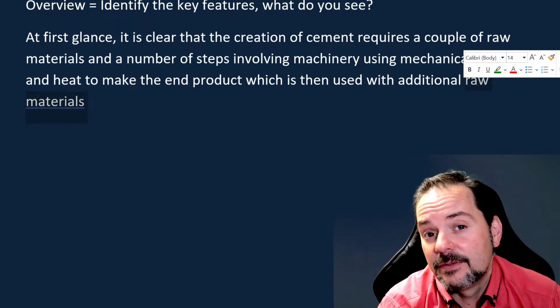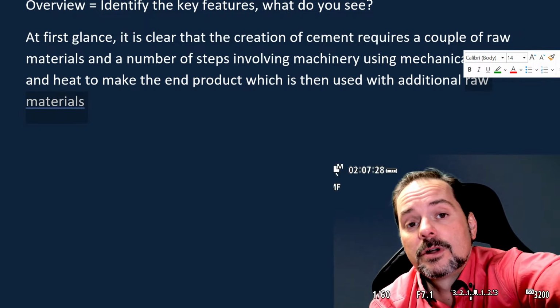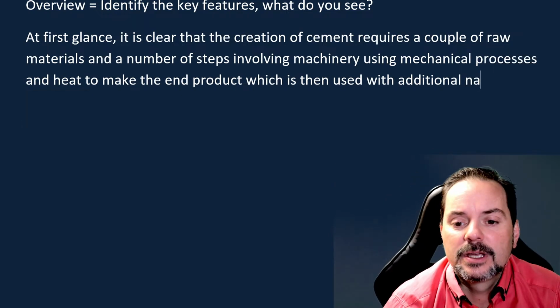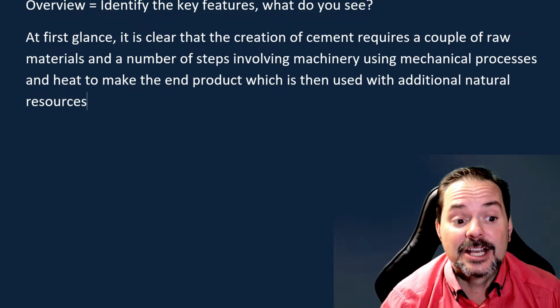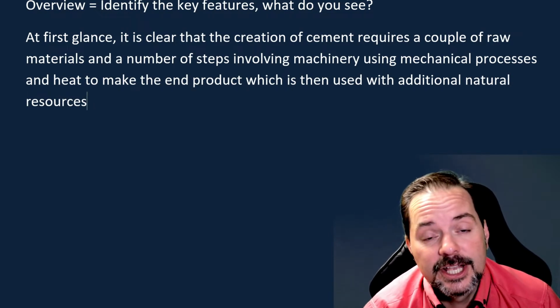Now, this is advanced, of course. This is for those of you who are going for that band 9. Natural resources. Raw materials are natural resources, like water is a natural resource.